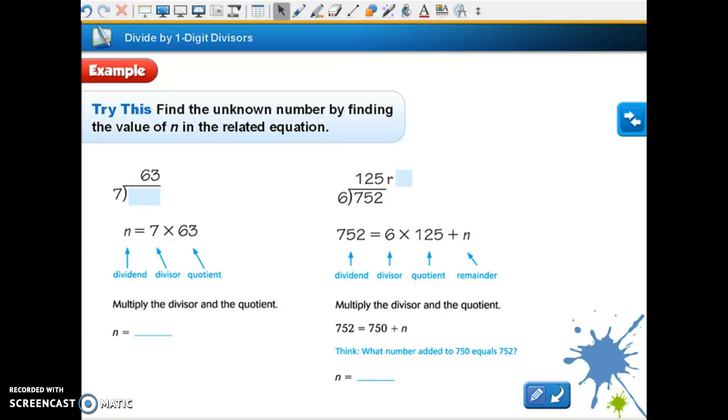So here we go. We don't know the dividend, but we do know that the divisor is 7 and the quotient is 63. So how can we find what goes under there? We can multiply them together just like we did to check a while ago. So 63 times 7.